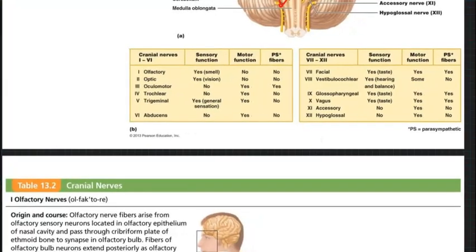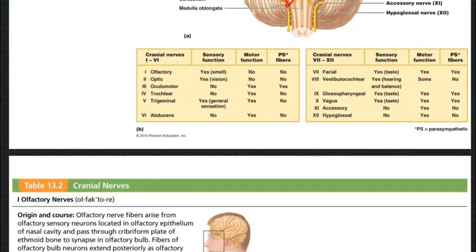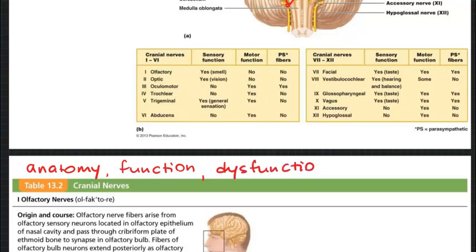Before we start though, in terms of what you should focus on: anatomy, basically being able to identify, function, dysfunction, and testing the functionality.